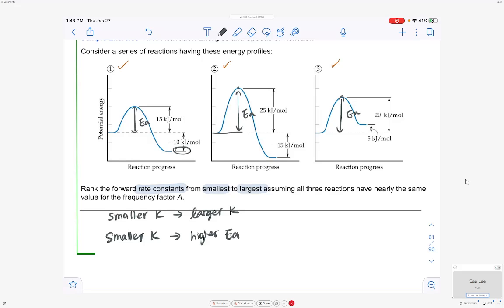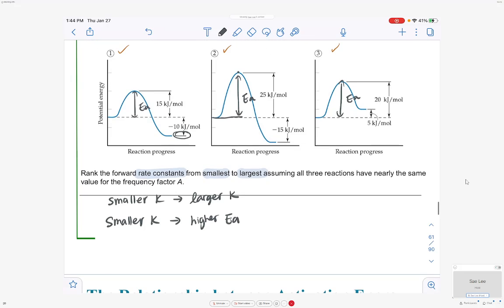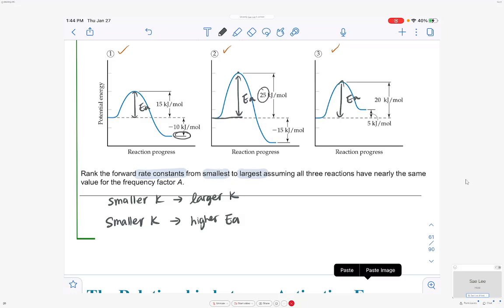If you compare the three activation energies, we see that reaction number 2 has the highest activation energy of 25 kilojoule per mole. So this reaction will have the smallest rate constant k, because it has the highest energy barrier. Then followed by experiment number 3, which has an activation energy of 20 kilojoule per mole.